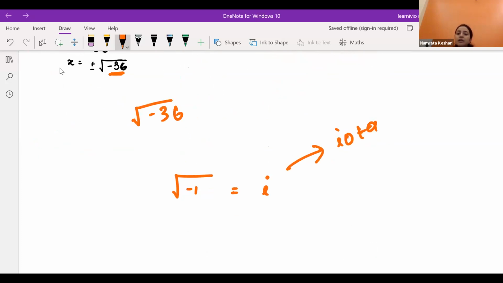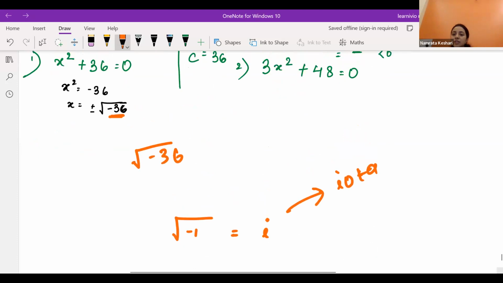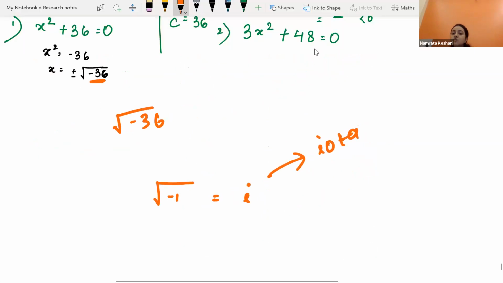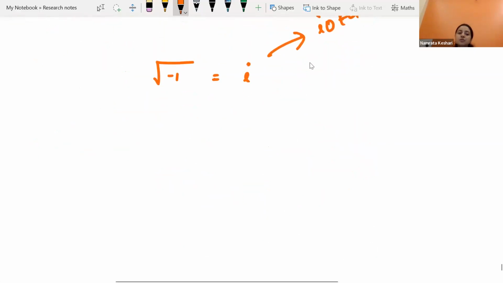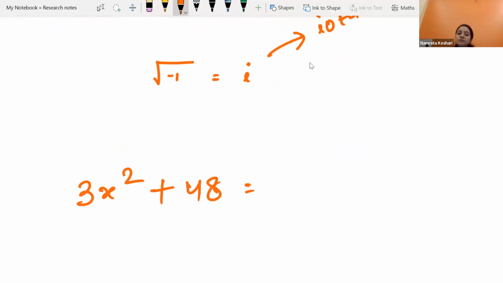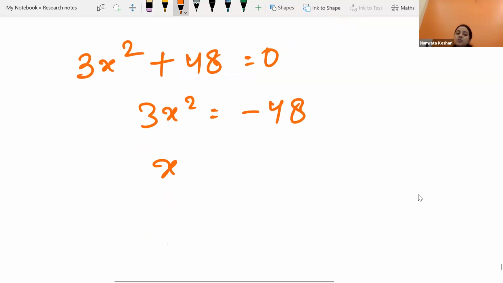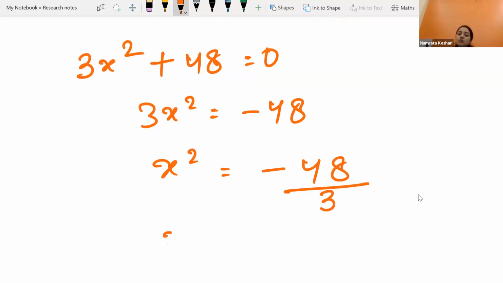Let's solve the next question: 3x square plus 48 is equal to 0. You will get 3x square is equal to minus 48. You will get x square is equal to minus 48 over 3, which is minus 16.